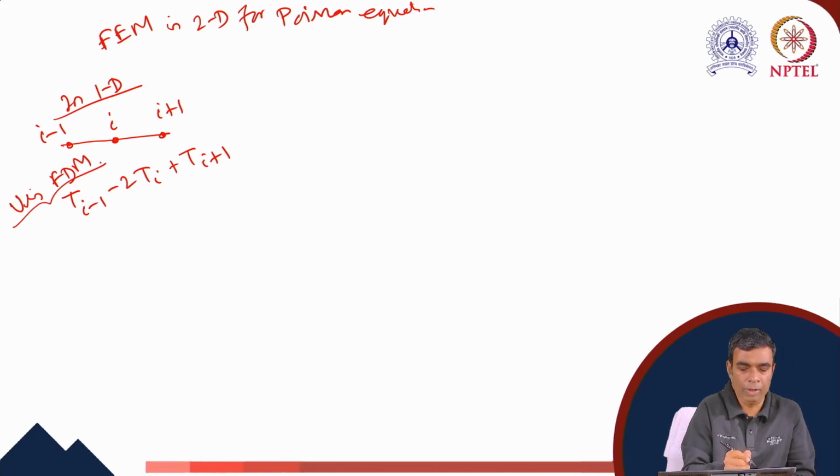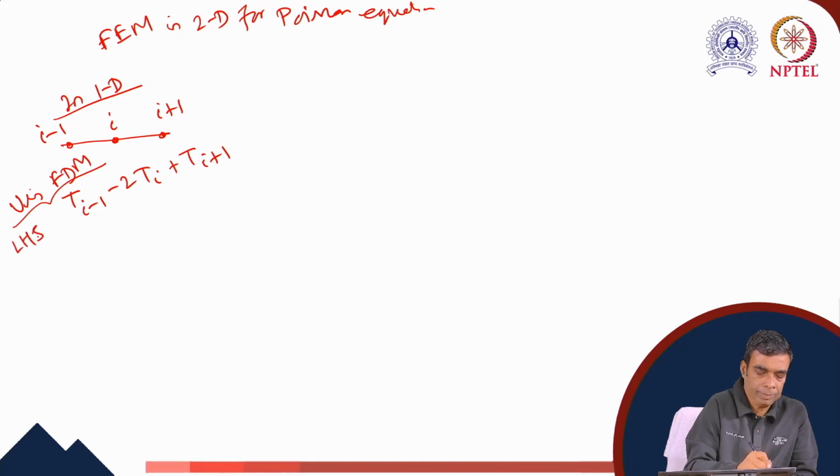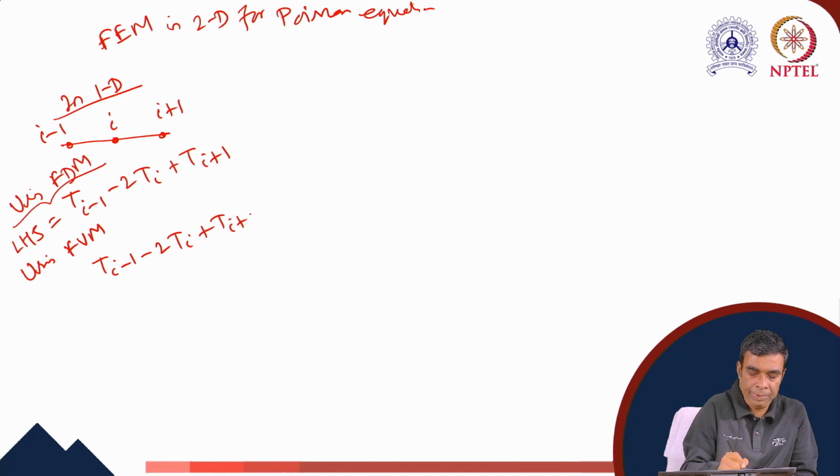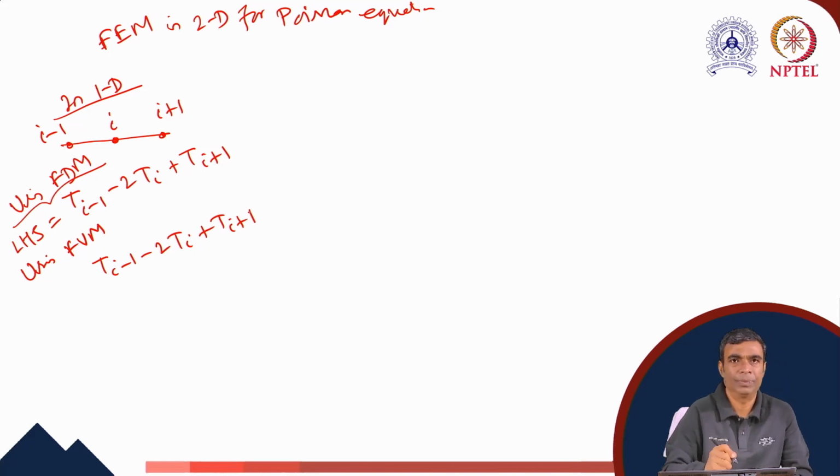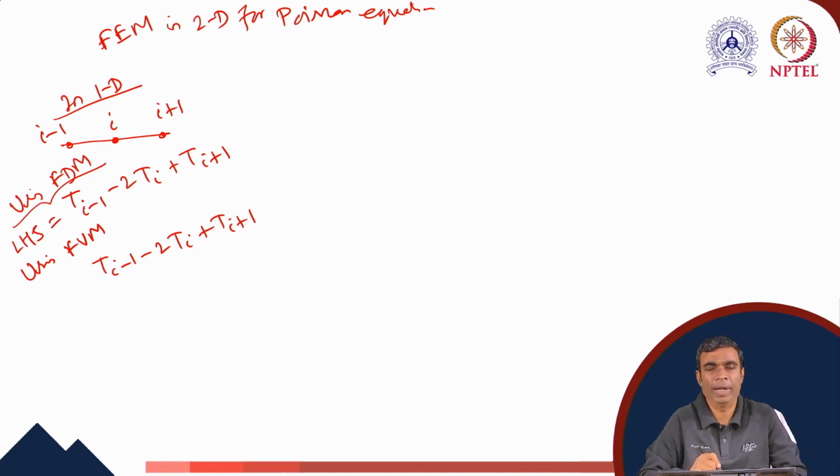If we use finite volume method, then also we get the same expression, Ti minus 1 minus 2Ti plus Ti plus 1. So it means that when we use finite difference and finite volume method in one dimension, we get exactly the same generic equation. In these equations, I have shown only the left-hand side portion.